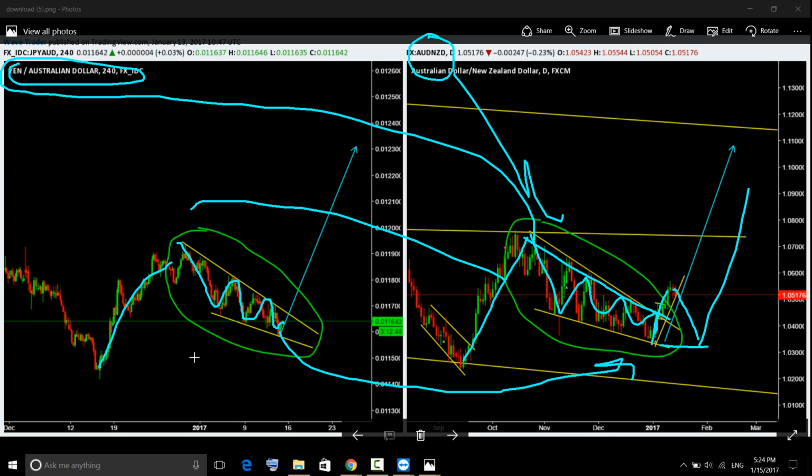It can test the top, so be careful when you are looking to sell Australian dollar and yen, or yen and Australian dollar. It can test the previous low, come up to this place and then rise.